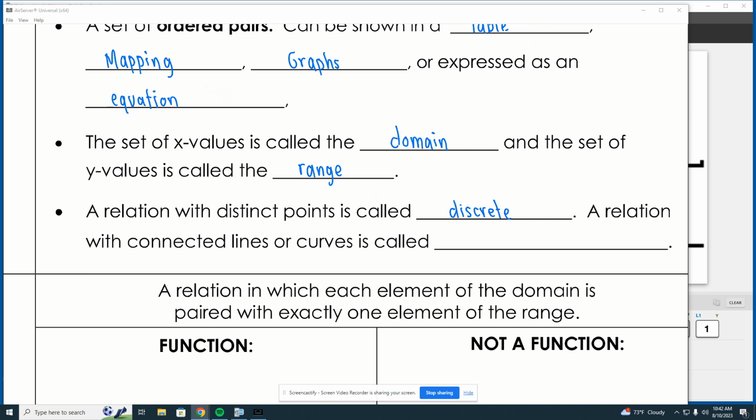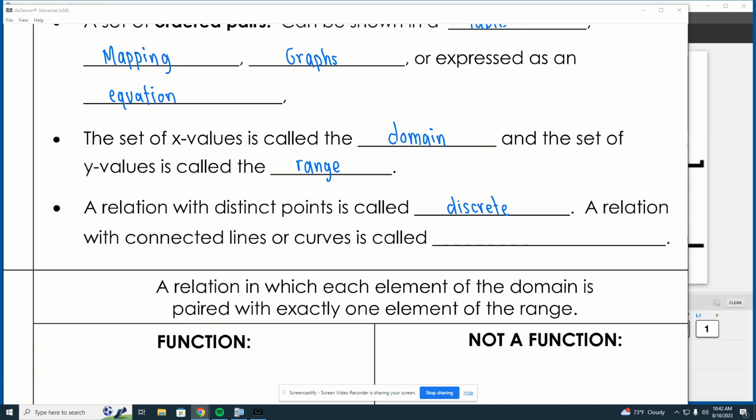We're talking about the lines that are created by a bunch of ordered pairs. When the lines are all connected because there are so many ordered pairs, we call those continuous. Because they're continuous, we have to name the domain and range differently. We'll get to that in a minute.